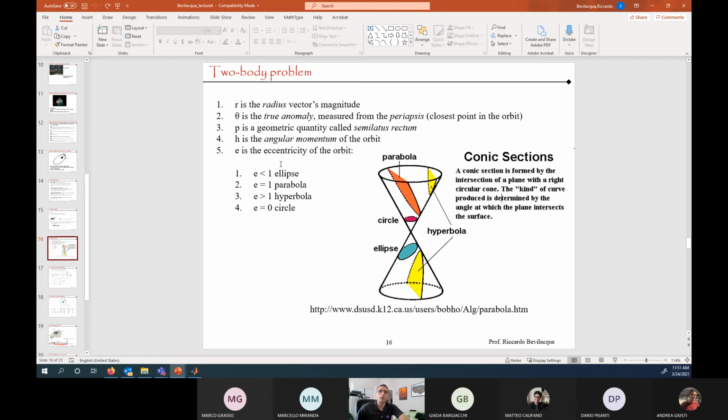If you have just enough velocity to escape, then you end up in a parabolic flight, which is a zero mechanical energy. In other words, your kinetic energy and gravitational potential energy are the same. And so you have just enough velocity to never come back, but you end up, we say, at infinity with zero residual velocity.